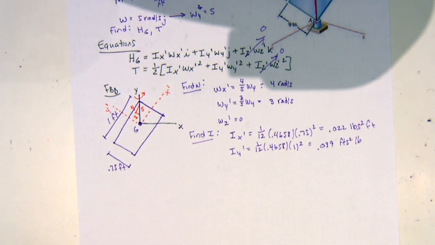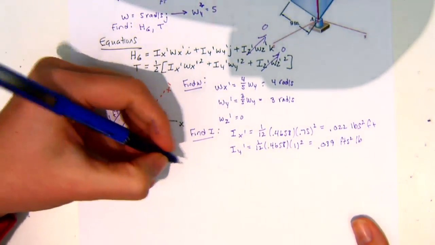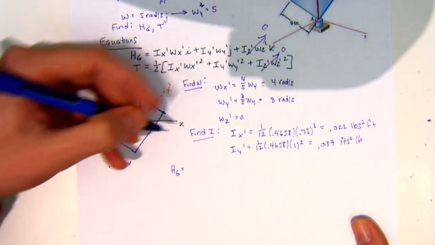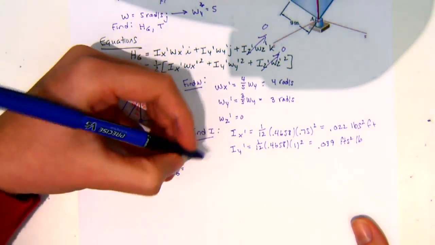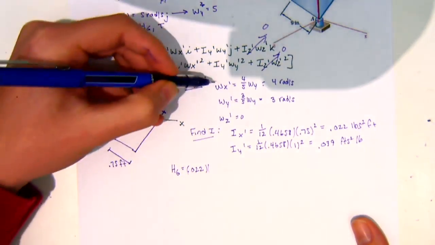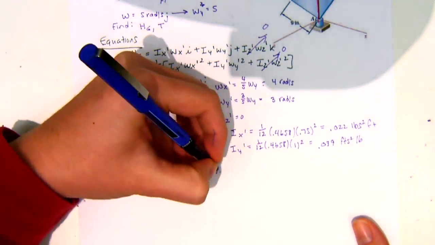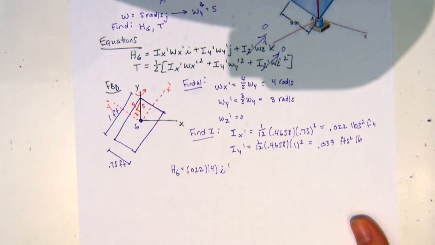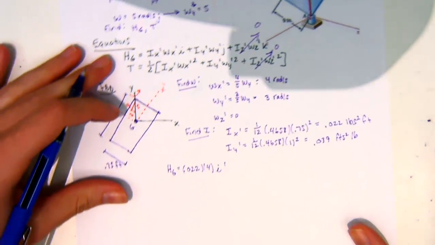So now we're just going to plug that into our equation. So I can say Hg is equal to my Ix prime, which is 0.022, times my omega x prime, which is 4. But this is in the i prime direction, or the x prime direction. This is not in the standard xy axis, so we're going to have to convert these back.